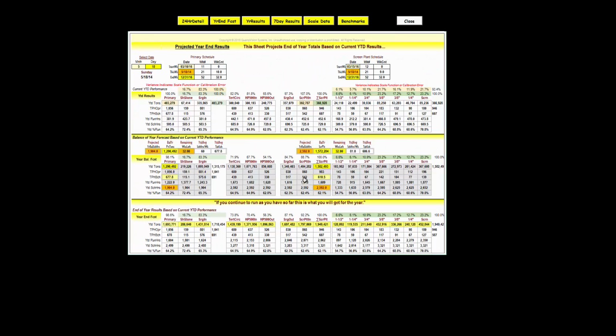We have a basic or very rough projection that we provide using the year-to-date information, along with an estimate of how many more weeks of operation are going to occur, so that we take previous performance and project end-of-year results over the number of weeks that is left.